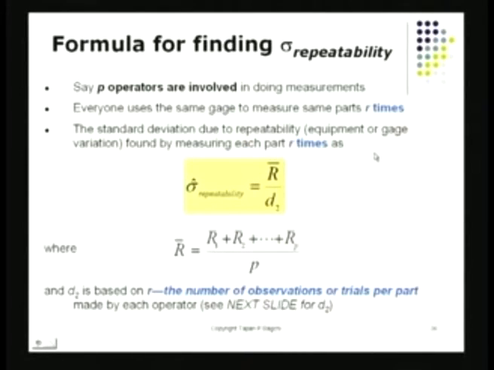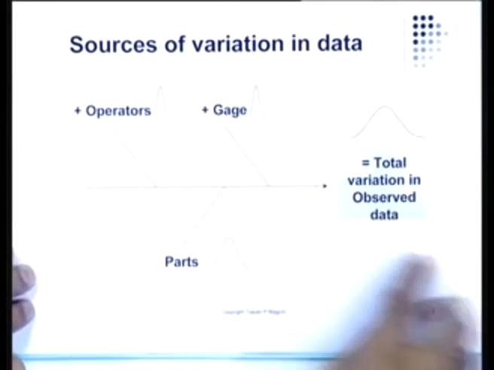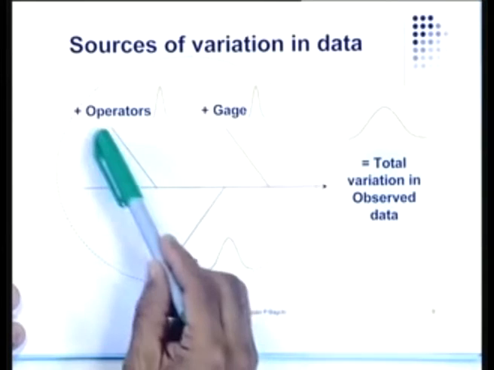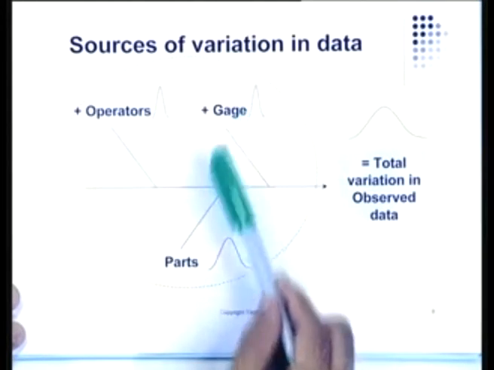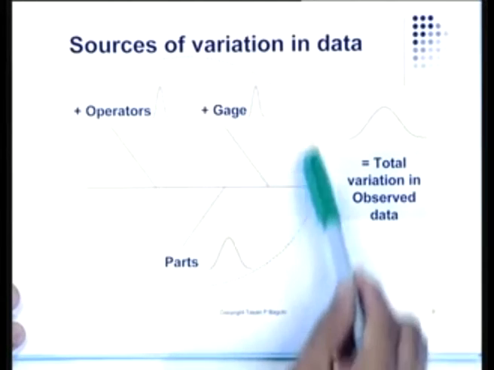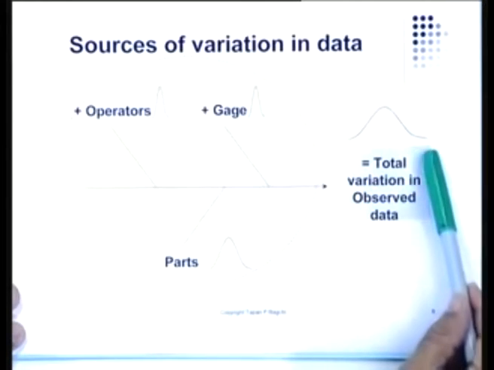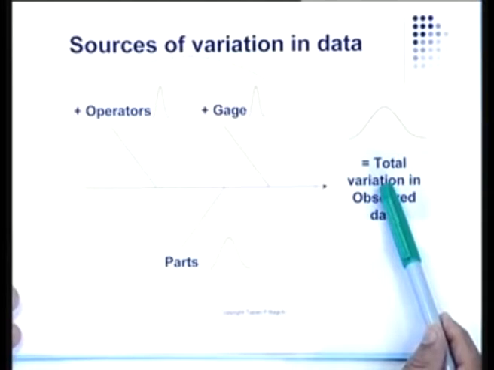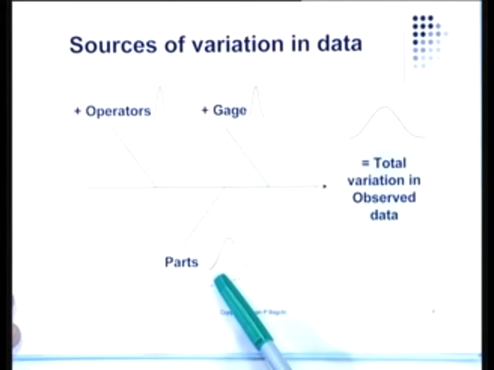I'll be showing you a couple of points here. Remember, my old picture was like this. I have a total variation, which is partly due to the operators, partly due to the gauge and partly of course due to the true part. These three contribute to this total variation. Ideally I would like to see this total variation comprising only part variation.